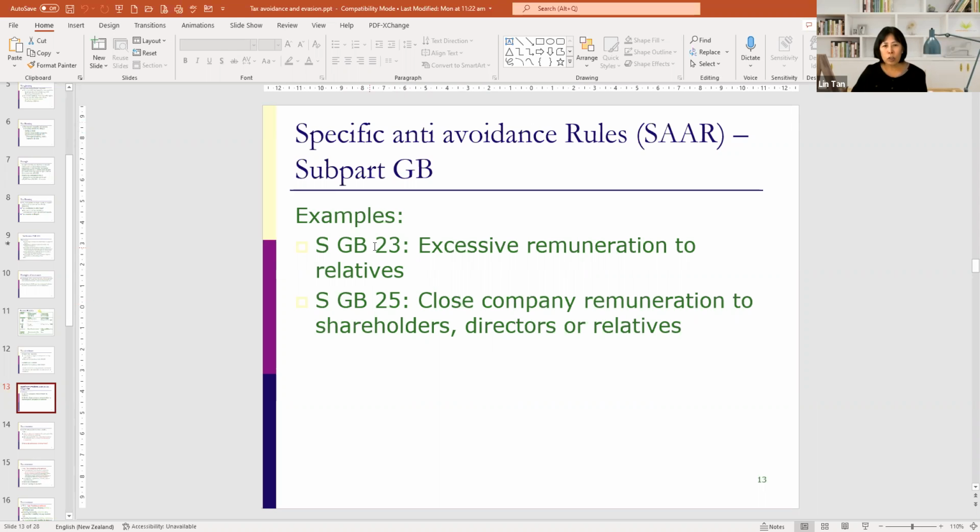So we have two main sections, GB 23 and GB 25, which we have already covered, and which are specific anti-avoidance rules. They close the loophole, to make sure that these people do not pay salary excessively that doesn't reflect the market value. It allows the Inland Revenue to step in and adjust the amount of remuneration to reflect the market value. So that's what these specific anti-avoidance rules are all about. We're not going to go through all of them, so these two are good enough. If you want to know more, you can read them up in NZT.